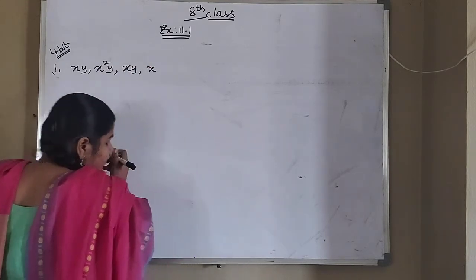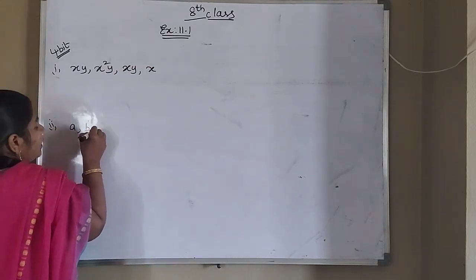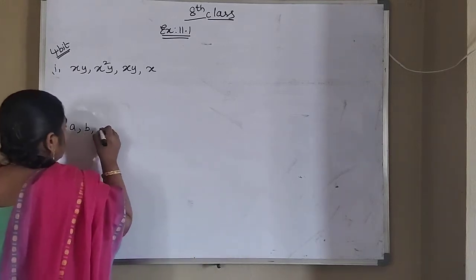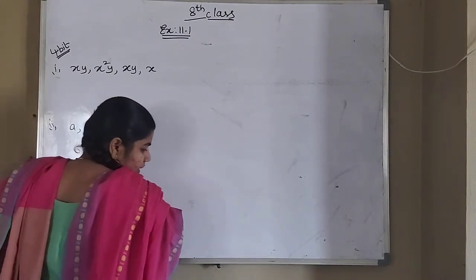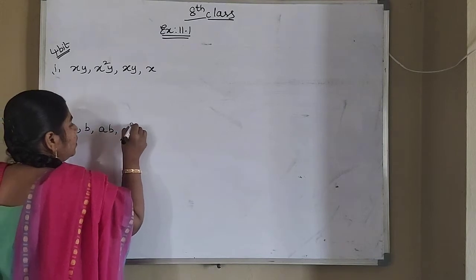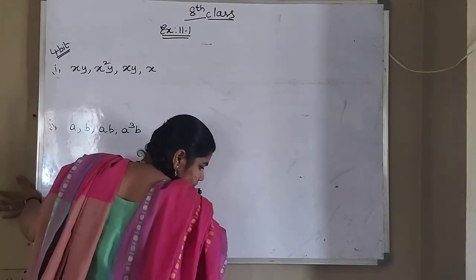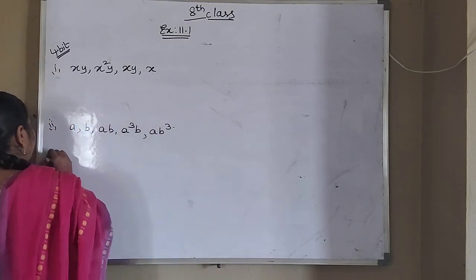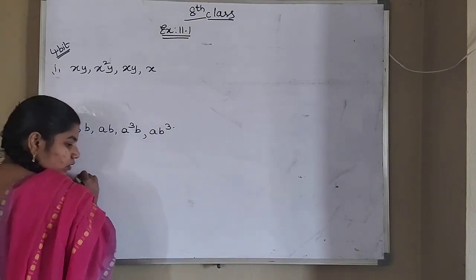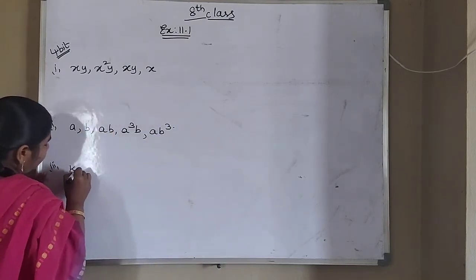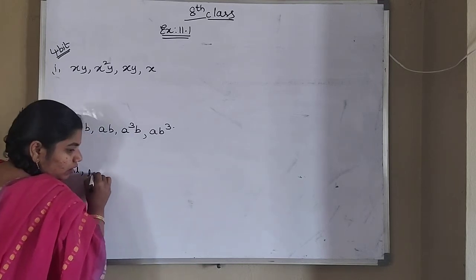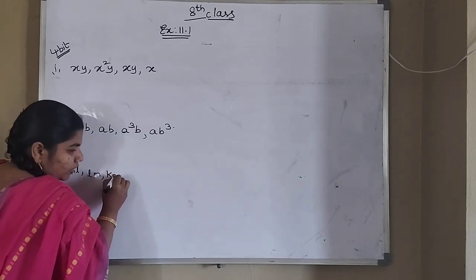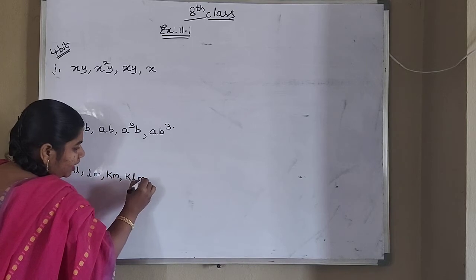Second one is ab, a cube b, ab cube. Third one is kl, lm, km, klm.